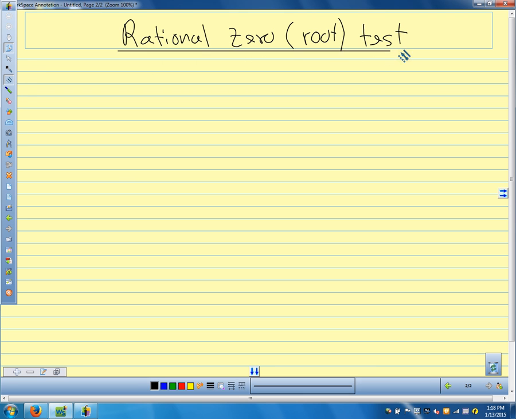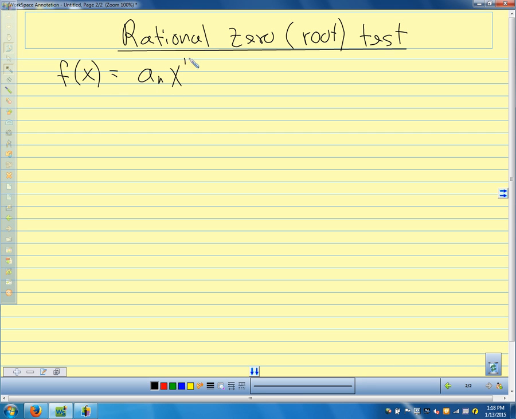So what the rational root test does is give us some numbers to try with synthetic division. We're going to say that f of x is this polynomial, a sub n x to the n plus a sub n minus 1 x to the n minus 1 plus dot dot dot, like we did a couple of times, plus a sub 1 x plus a sub 0.